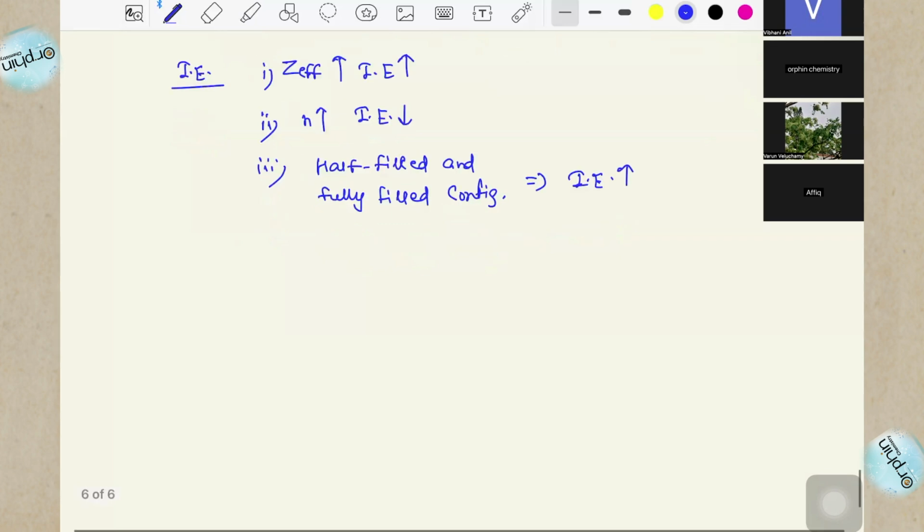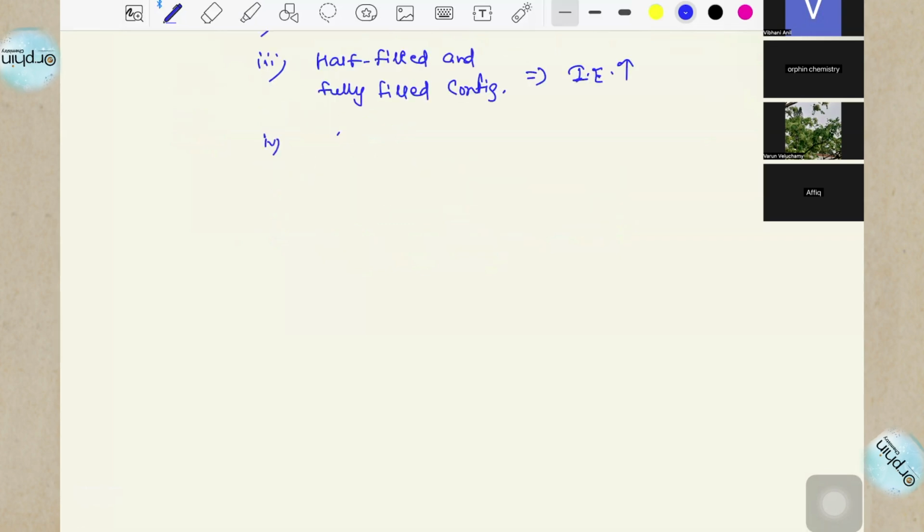And the fourth point is the shielding effect. What is the shielding effect? I have told you in the last class only. S orbital provides the greatest shielding, then P, then D, then F. What is the meaning of this?